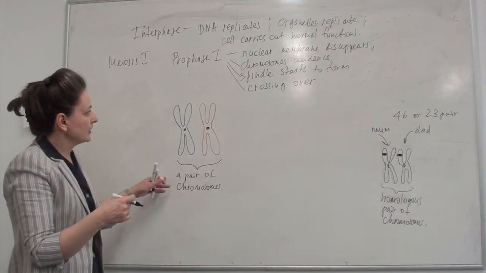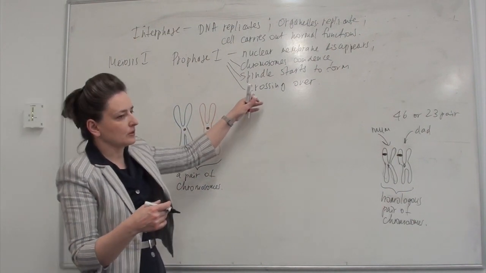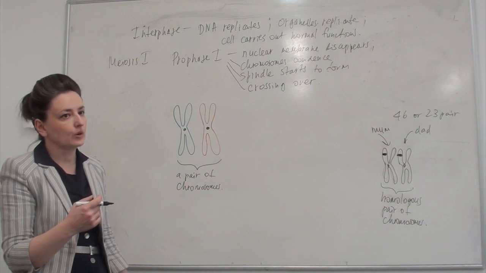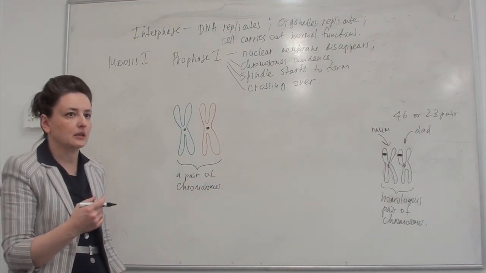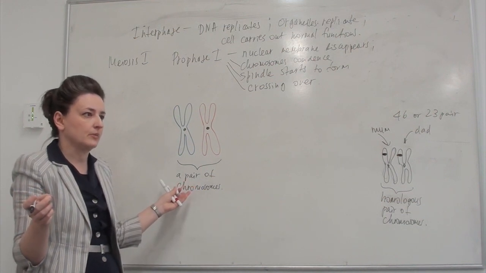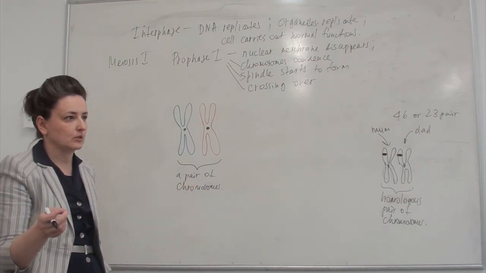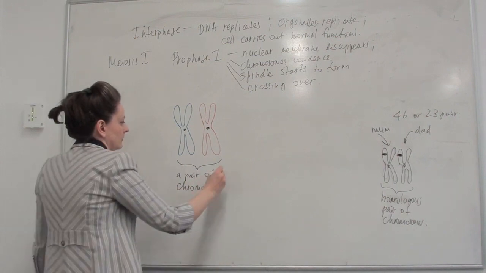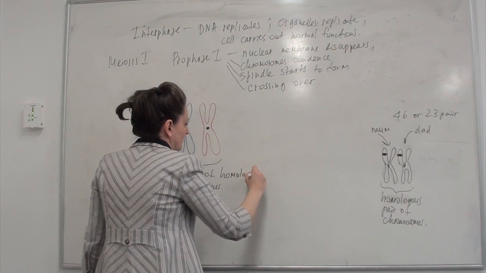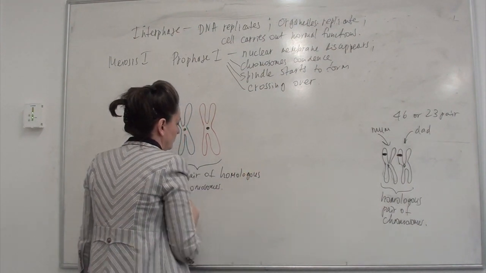So the important thing to remember, this process of crossing over takes place between homologous chromosomes. You can't take different chromosomes from different pairs and do that process, because that would lead to mutations. Right? So it's got to be a pair of homologous chromosomes.